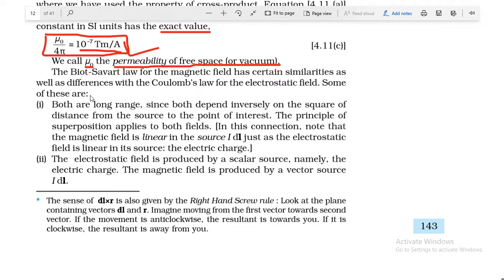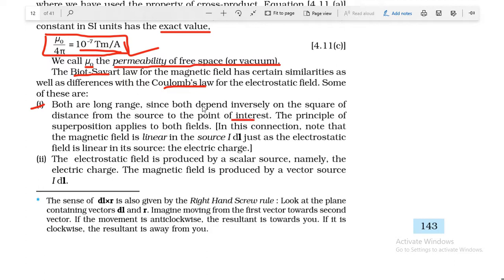Now we are going to understand the similarities between the Biot-Savart law for magnetism and Coulomb's law of electrostatics. The first similarity: both are long range. Both depend inversely on the square of the distance from the source to the point of interest.